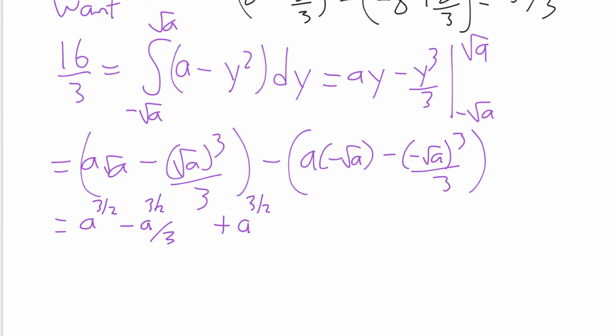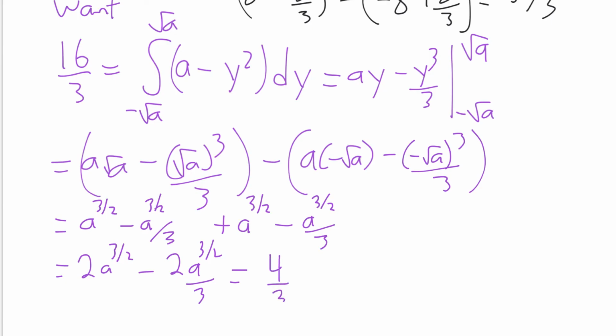And so we will have subtract A to the 3 over 2 over 3, which can be combined to give us 2A to the 3 over 2 minus 2A to the 3 over 2 over 3, which equals, finding common denominator of 3, 4 over 3 A to the 3 over 2.